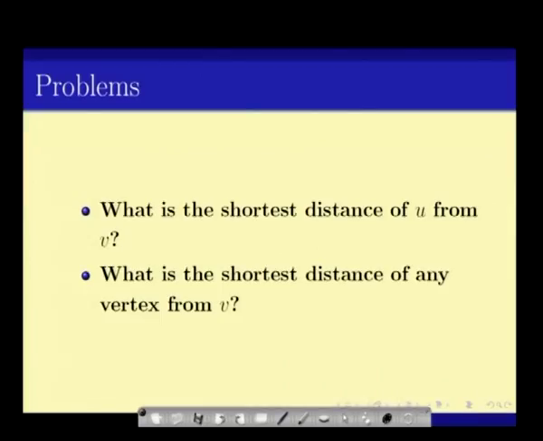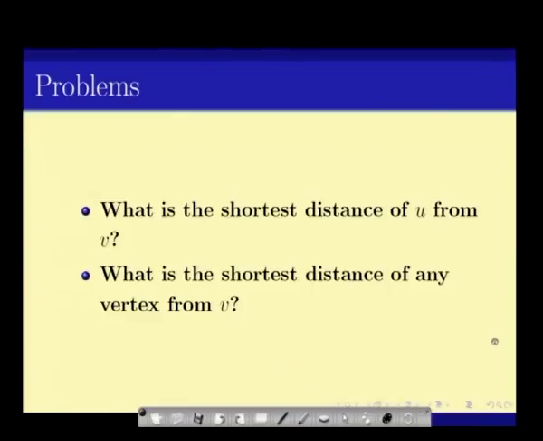So, you say you are close to Delhi, it will say what the distance from that point to Delhi is. But it turns out that there can be many paths from that station to Delhi. So, what is written there is the shortest distance to Delhi. So, in this case v is Delhi, and we want to find out the shortest distance of all the other stations from Delhi.